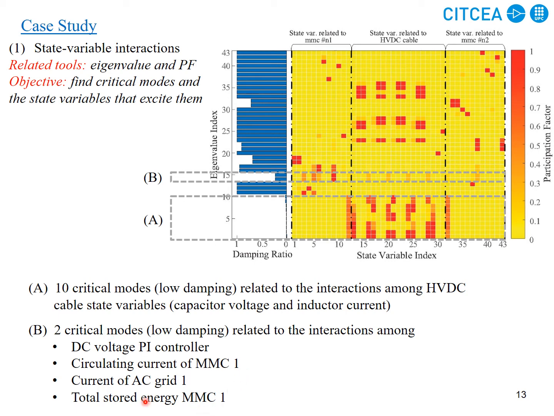All of these are state variables, and all of them contribute with different percentages. They contribute differently, but all of them are important. I mean, they work together, and as a result, these two low frequency modes are excited.